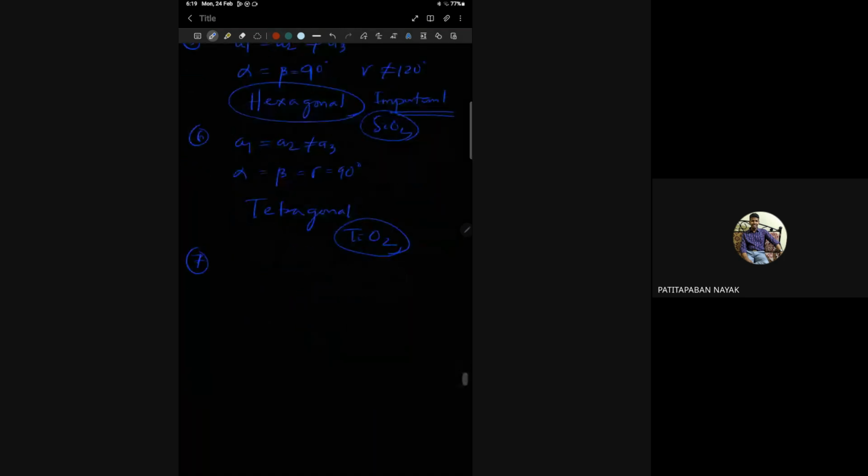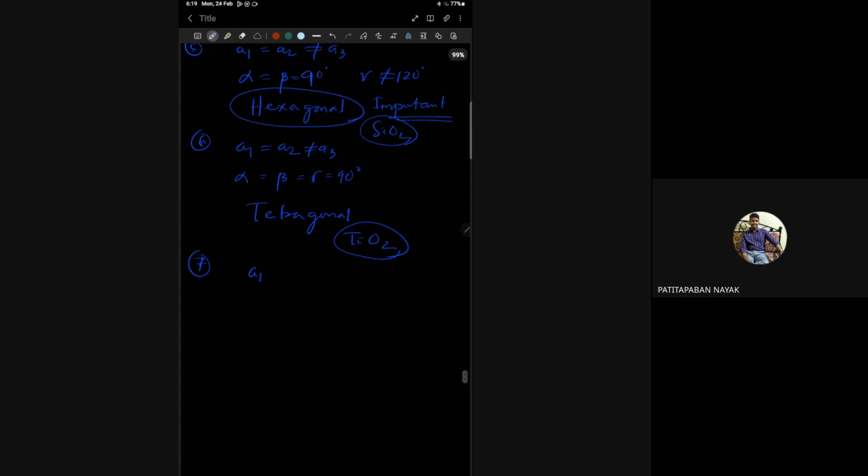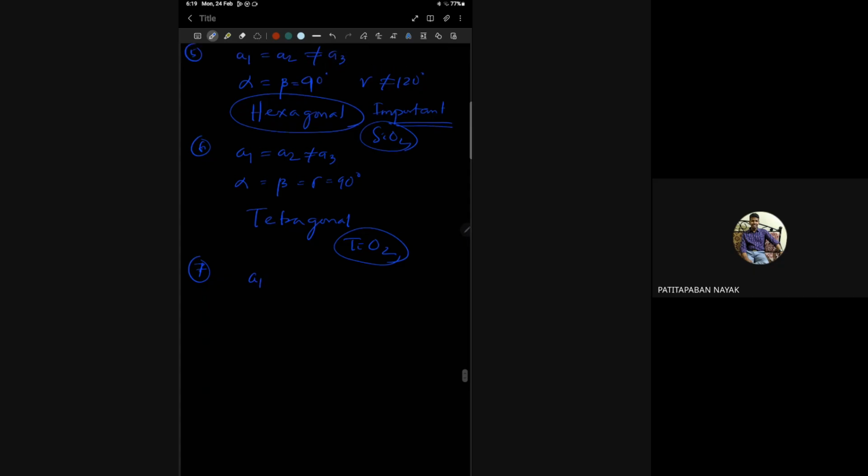And the last one is where all are equal. So A1 equal to A2 equal to A3 and alpha equal to beta equal to gamma equal to 90 degree. So this is called cubic.